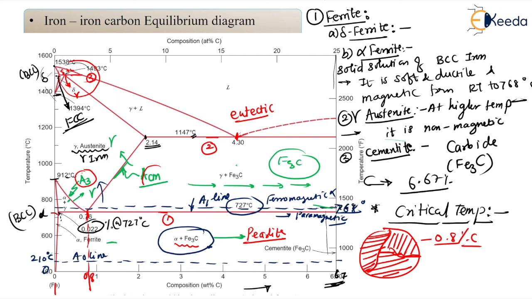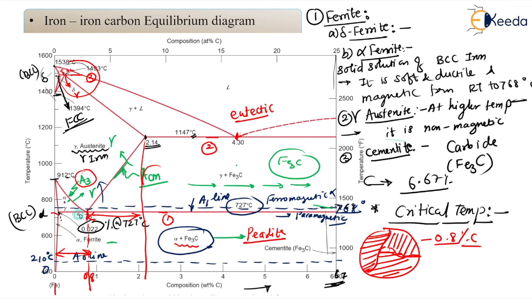So dear students, ये जो बात कर रहा था मैं कि ये 727 डिग्री वाली जो लाइन है, ये both, that is, ये हाइपो and up to this region I am going to get the diagram, and this is hyper.